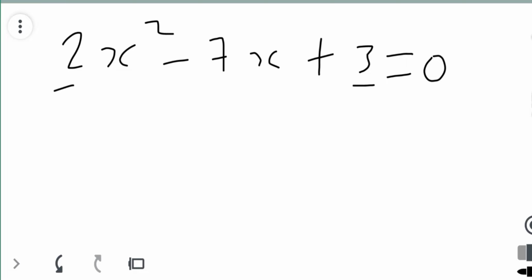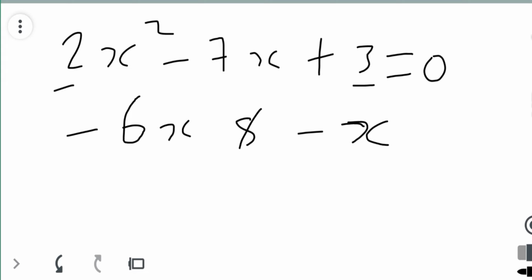6 and 1. So it will be minus 6x and minus x. So these are the numbers that we'll be using.